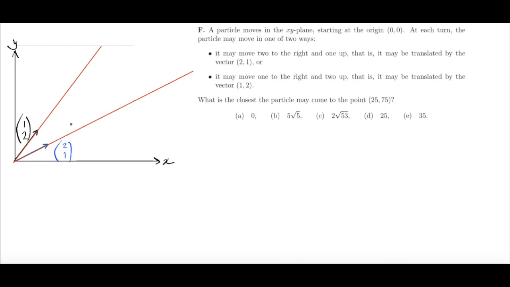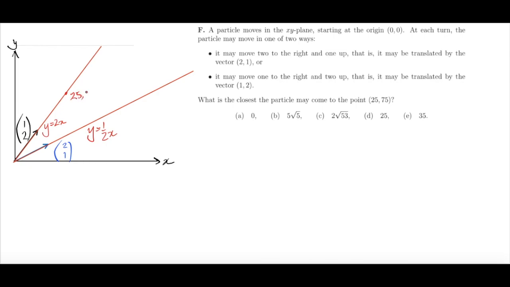So firstly, these two lines are y equals 2x, obviously it goes 1 along, 2 up, and this is y equals 1/2 x. So the point (25, 75), if we go 25 along this line, that will give us a y value of 50.